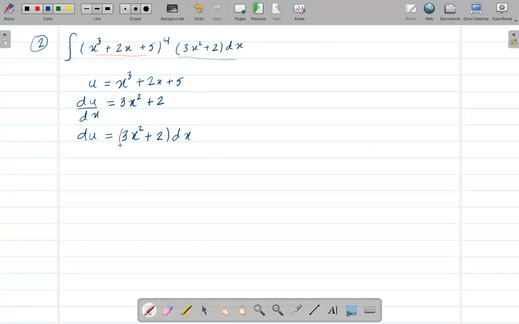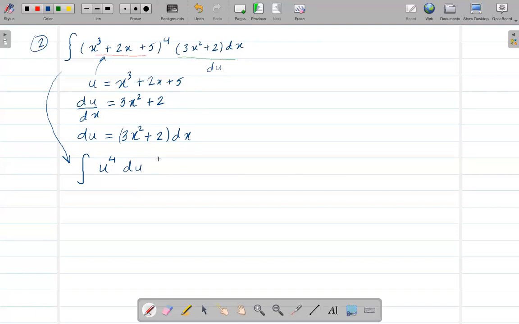That means I can substitute this whole thing by du, and the thing inside the parentheses by u. So using this substitution, I get a new equation: the whole thing inside the parentheses, u, to the power 4, we still have that 4, and now this whole thing is du.